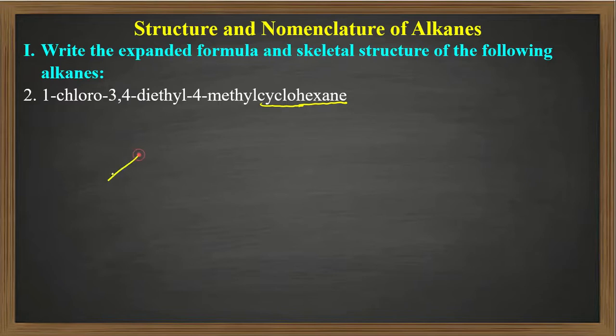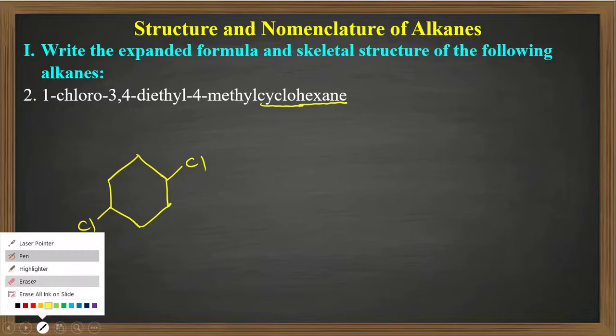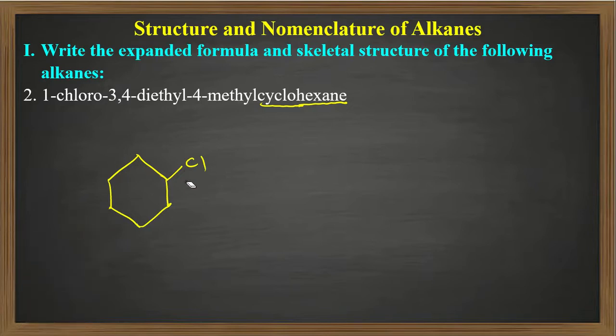We have here 1, 2, 3. This is hexagon. So you can put chlorine here. Pwede din bisan asa niyo ibutang si chlorine because chlorine is carbon number 1. Ayan, chlorine. So, bisan asa sa ring because that is considered carbon number 1.